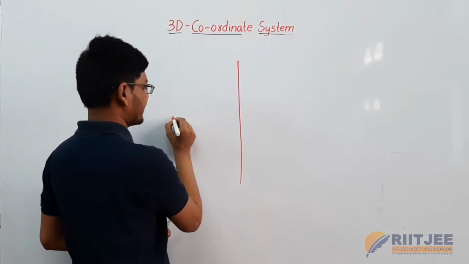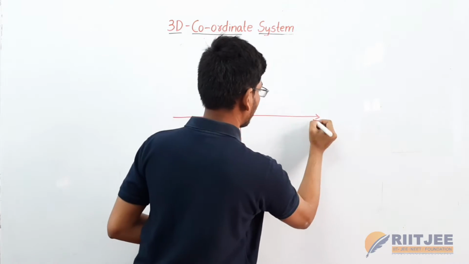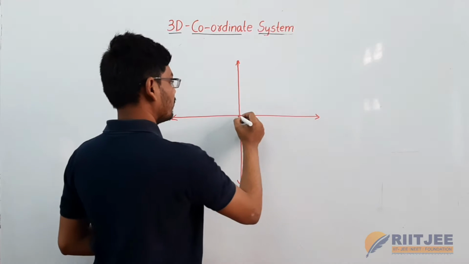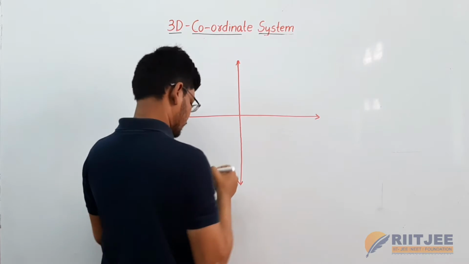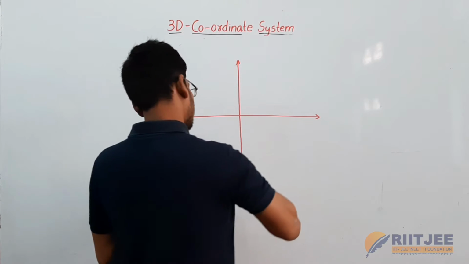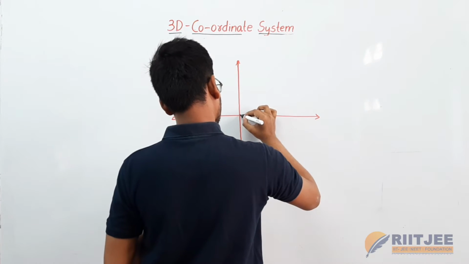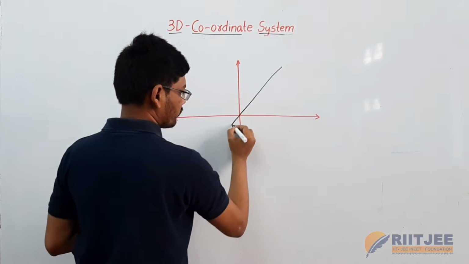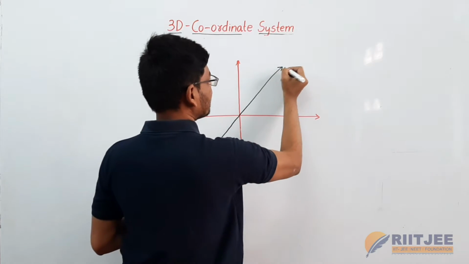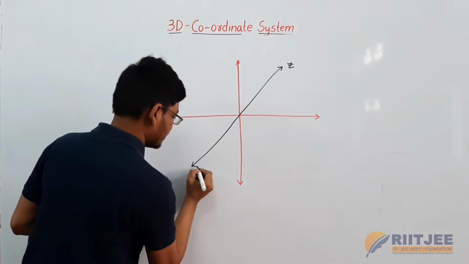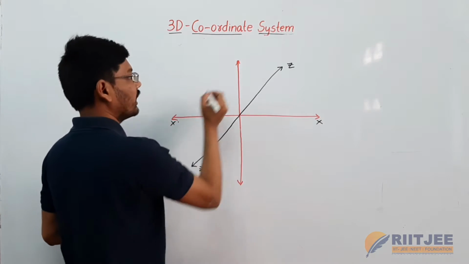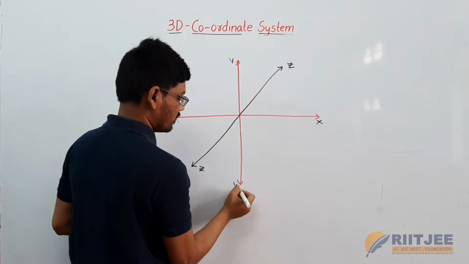Here this is the x axis and this is the y axis. Now I am taking the z axis in black color to identify it easily. This is the z axis and this is z dash, this is x dash, and this is y dash.